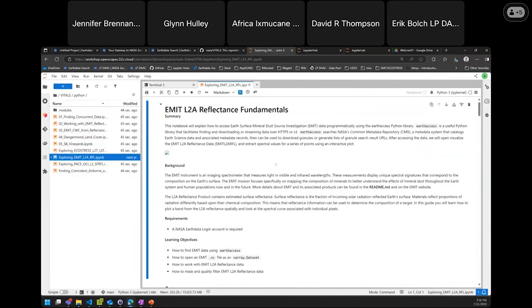All of these notebooks will cover how to find data and how to work with it, and I'll do a more thorough explanation of working in this workspace tomorrow. And maybe I'll go ahead and end it there, and we can address some questions.